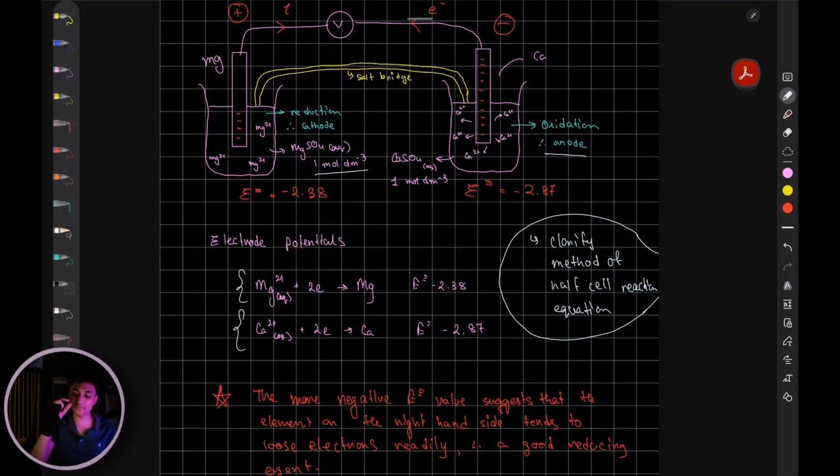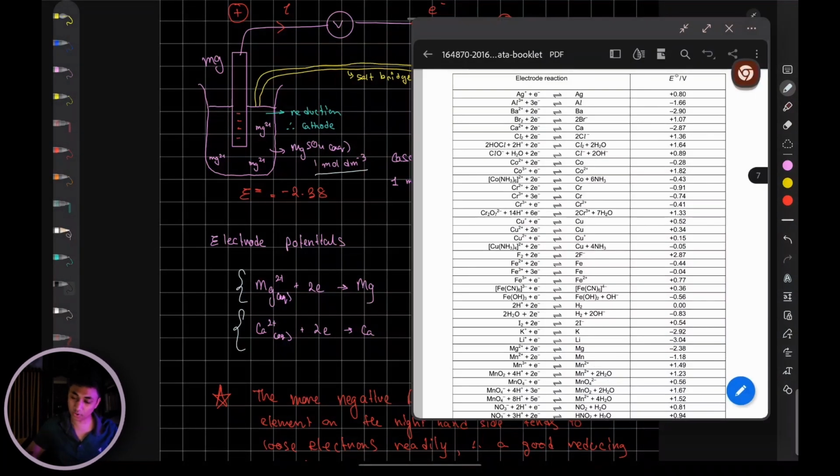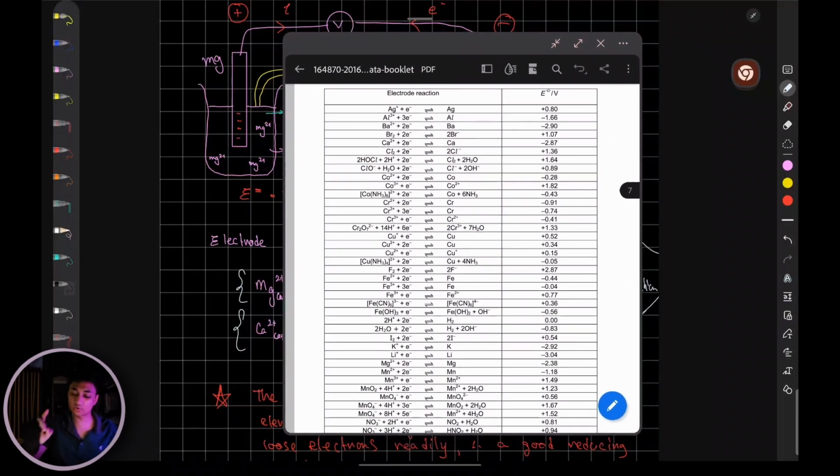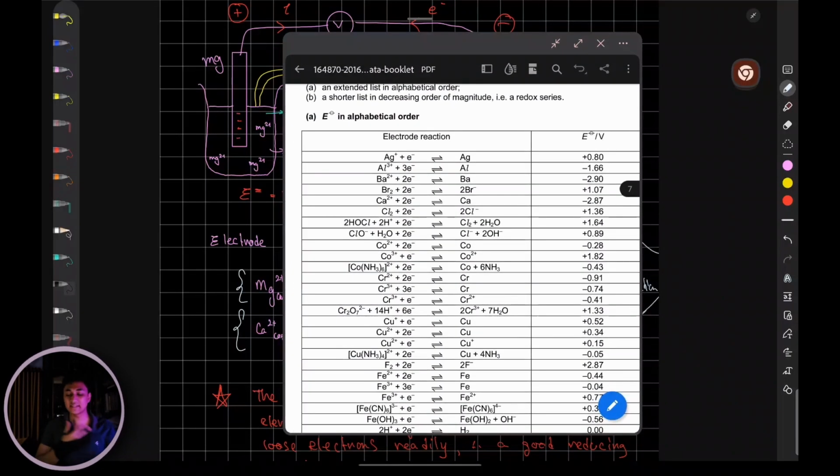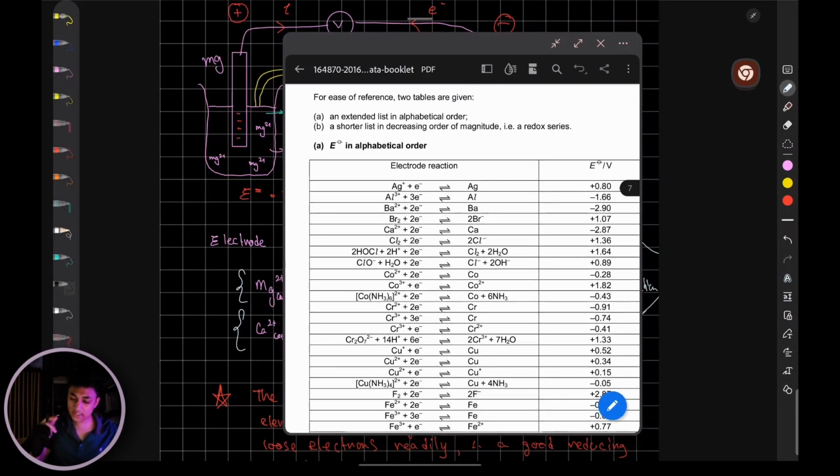That is your half cell reactions. Now, I'll give you the exact context that is from the data booklet. Notice all of these reactions are written in terms of reduction. So if I take an example, the first one, silver ion gaining an electron to form silver atom, right?